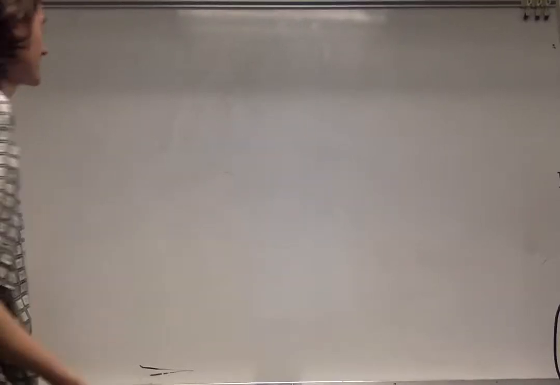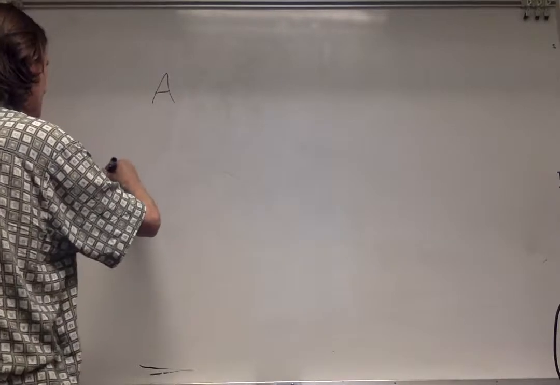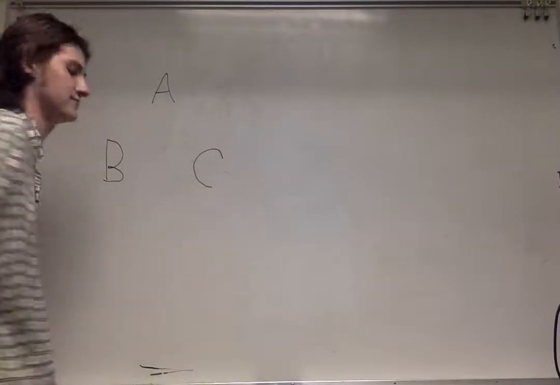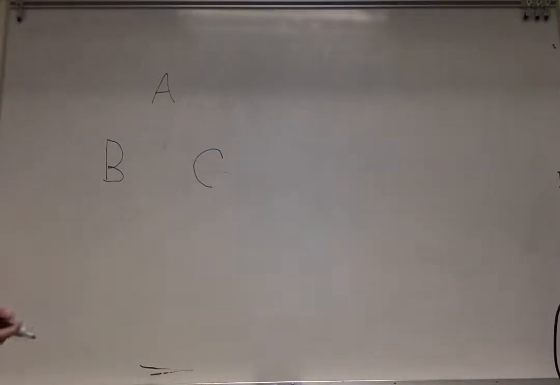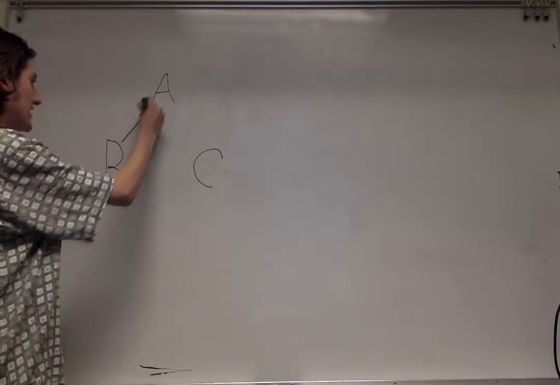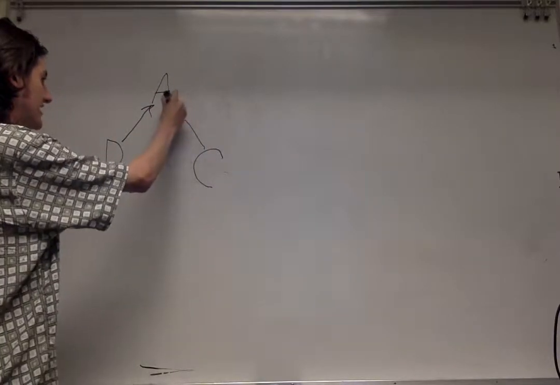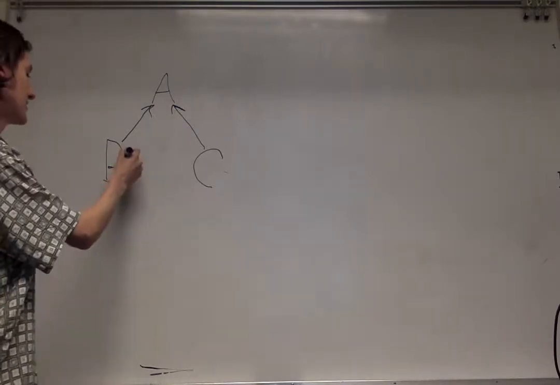Let's say we have our values A, B, C. Now, let's say B has a connection to A, and C has a connection to A. Let's do the example we did previously, but in full.